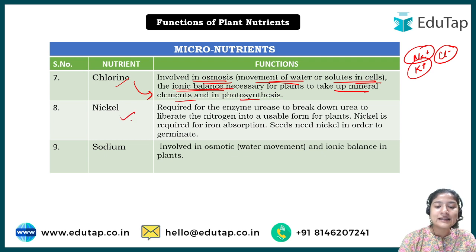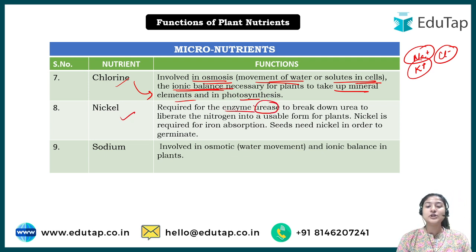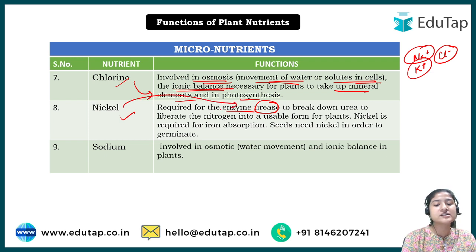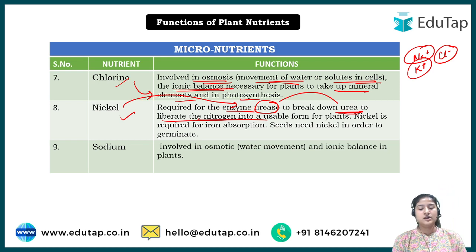Next comes nickel. It is required for the enzyme urease. You have to look at the word urease. Urease is an enzyme, and nickel is required for the formation of urease. Now this urease helps to do what? It helps to break down urea to liberate nitrogen.